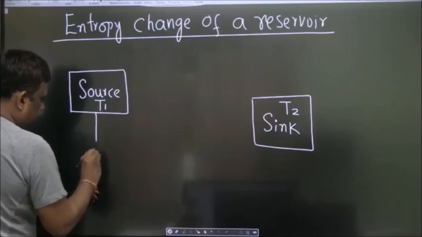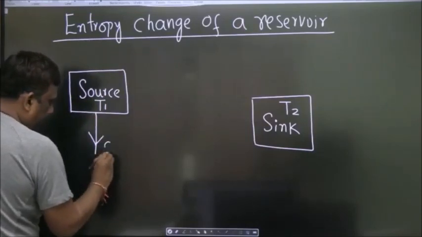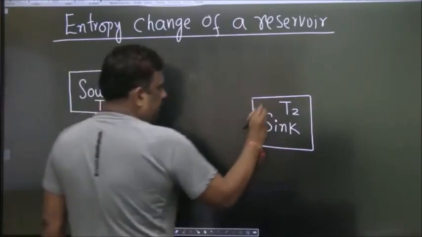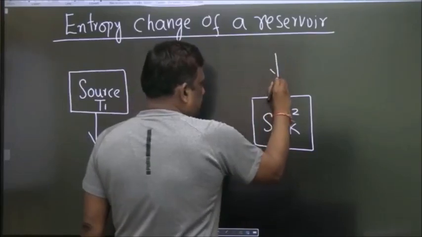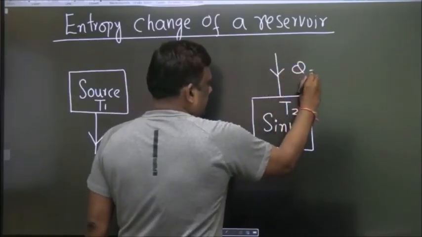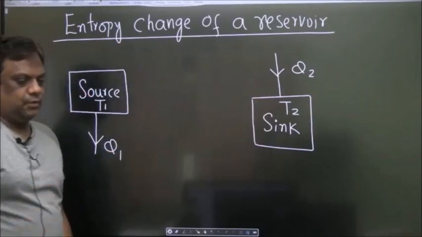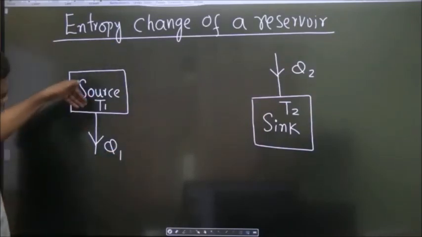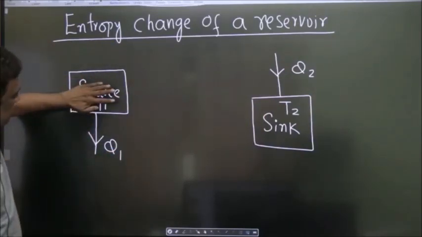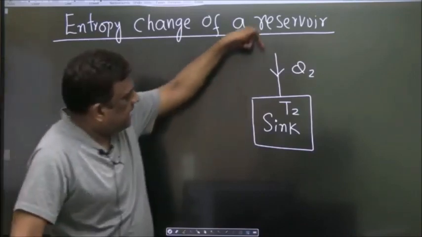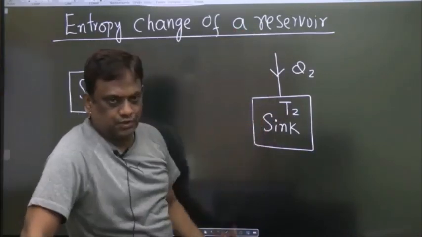The source is a supplier of heat. The sink is the absorber of heat. And you know clearly, when the source is supplying heat, its temperature is not changing, and when the sink is absorbing heat, its temperature is not changing.